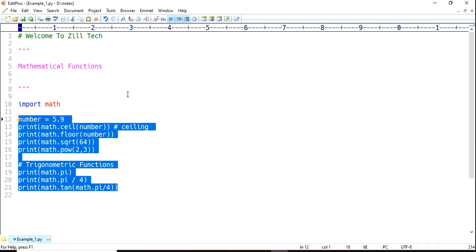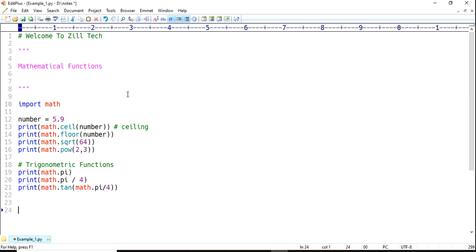One of the best examples from daily life is calculating EMI in a banking application.